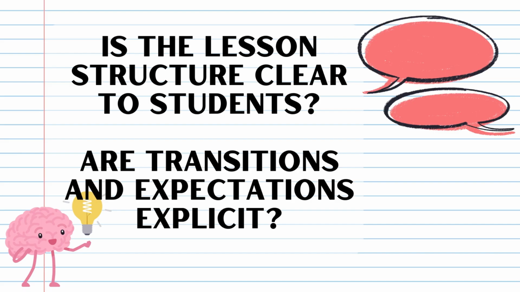Some questions to consider when you're thinking about clarity of organization. Is the lesson structure clear to students? Are transitions and expectations explicit? It is very important that when we think about clarity of organization, we think about what students will need in order to make sure they are successful when it comes to the particular learning target and or standard.